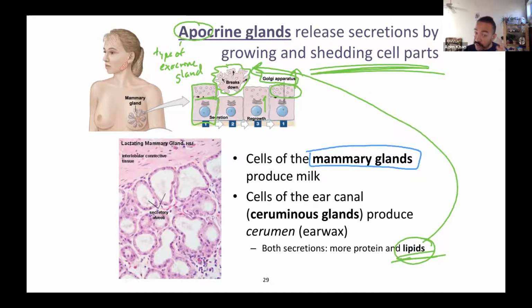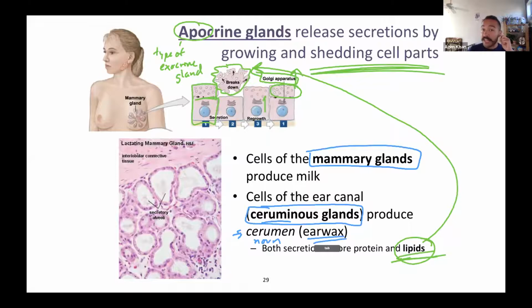Our ears, or really our ear canals, the epithelium there, we have a specialized gland called ceruminous glands. Cerumen, this is the noun. Ceruminous is the adjective. Cerumen is earwax.